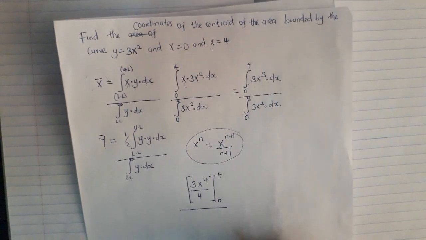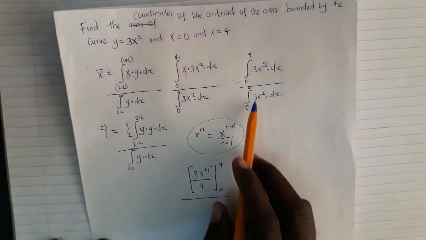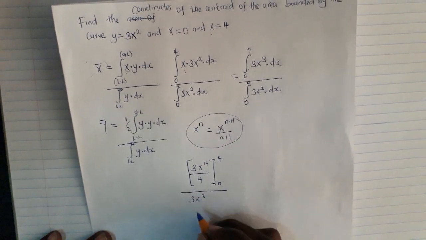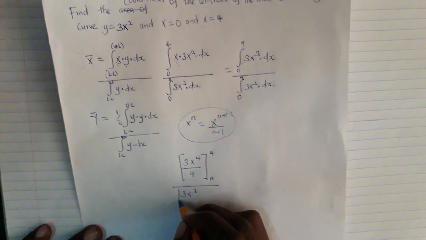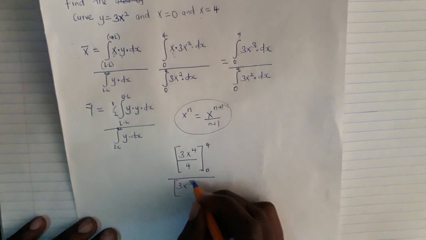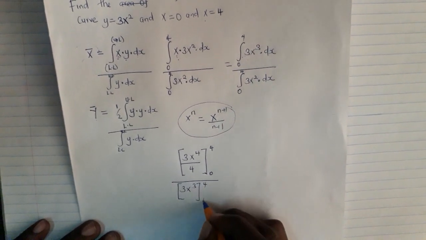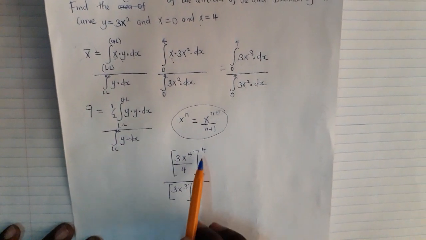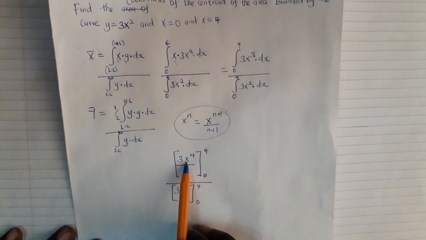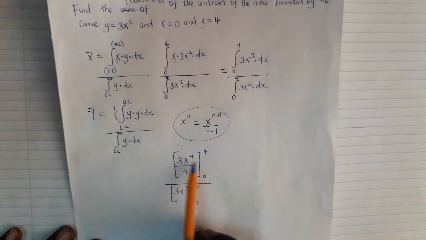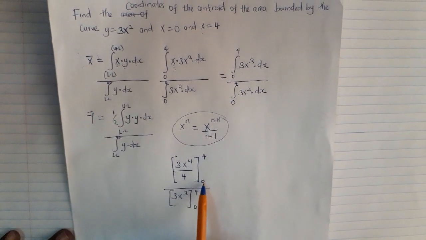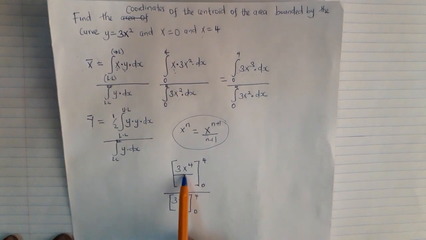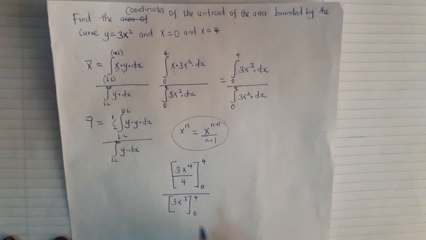And then we divide by the integration of this one, 3x squared, it is 3x power 3. And then we have our limits, which is 4 here and 0 here. So now we substitute the value of x with 4, and then we take the same equation, but now we replace the value of x with 0, then we subtract.